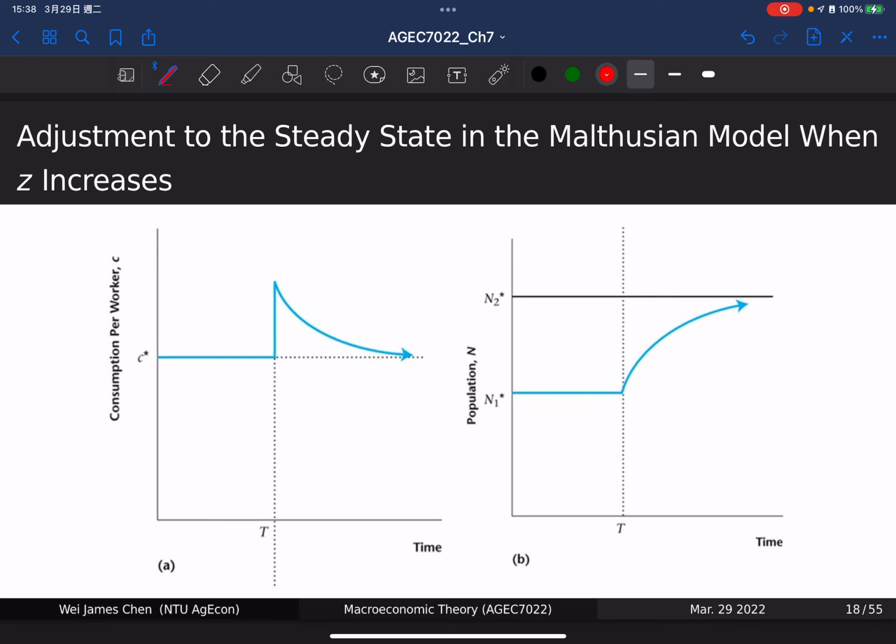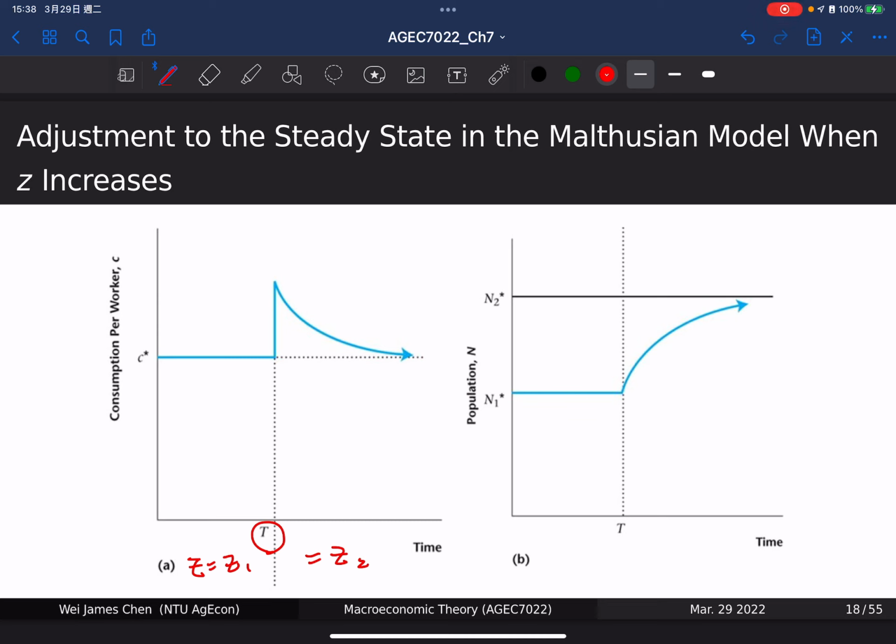So this is what happened. The time T here means this is the time where Z goes up. So Z equals Z1 before, and Z equals Z2 after time capital T. So it is not the case that c doesn't change at all.